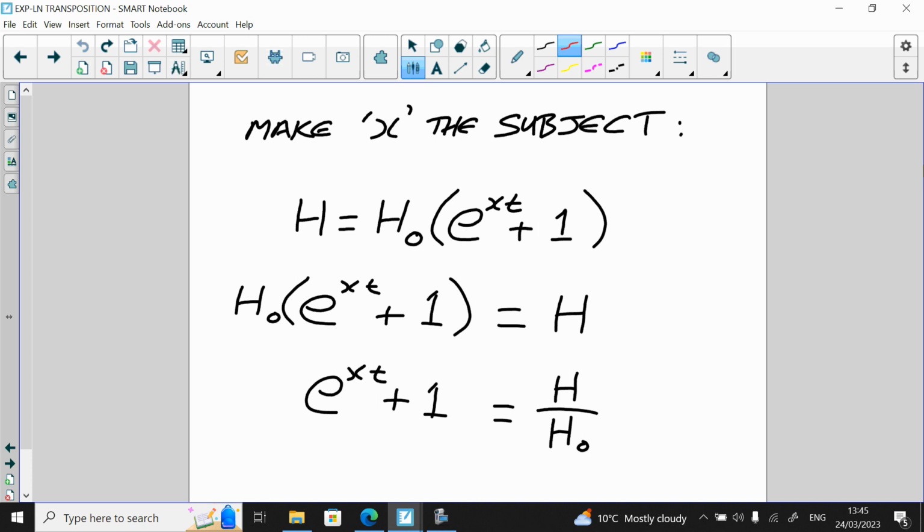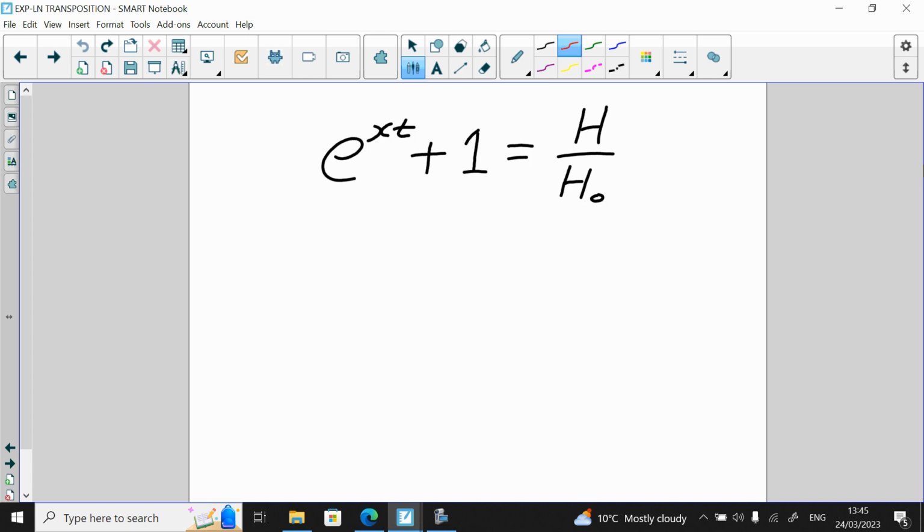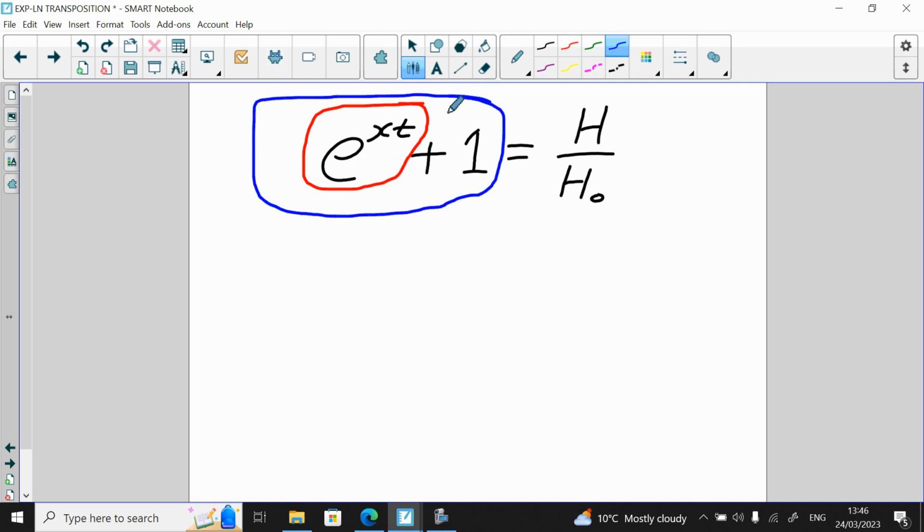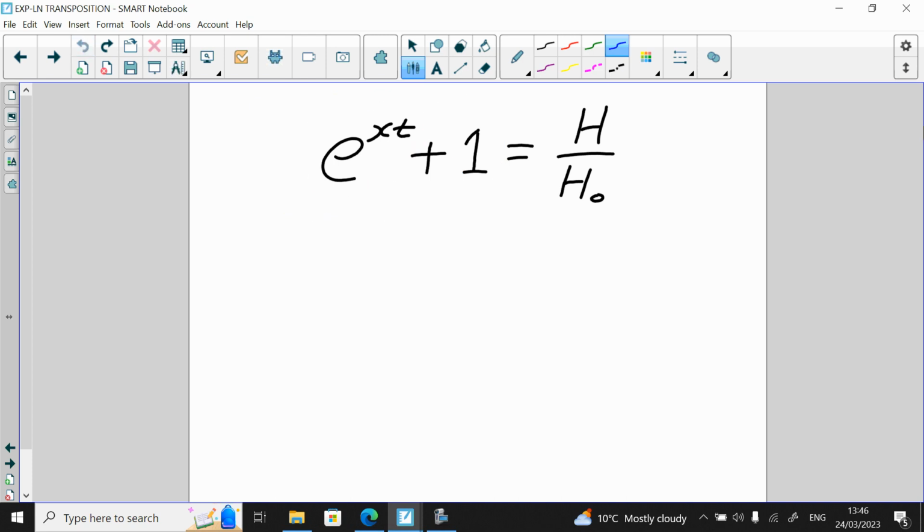I'm now going to take you on another page. So x, the subject matter, is in what I call the attic above E. What's affecting that? Well, the +1. So I need to get rid of that. So it's going to go to the other side. And opposite of addition is subtraction. That's exactly what I'm going to do here. Now E is on its own.